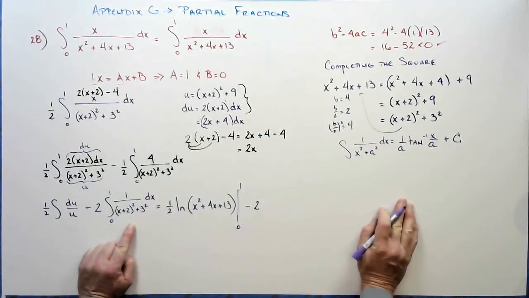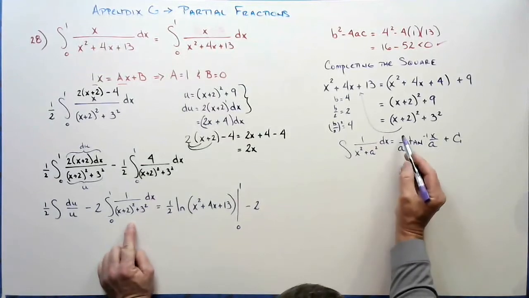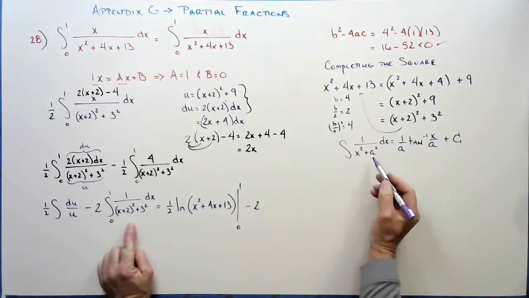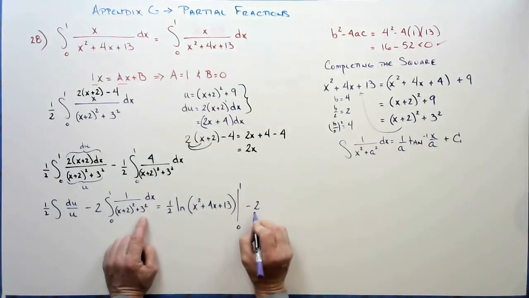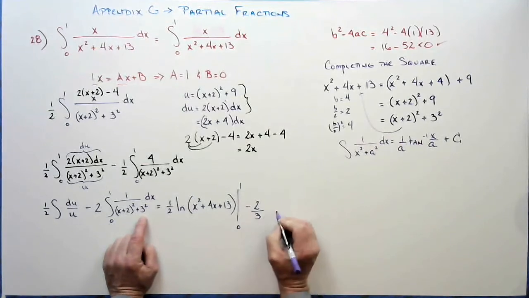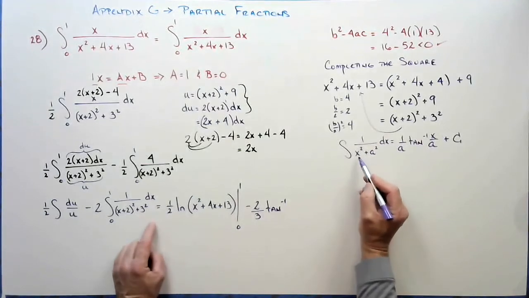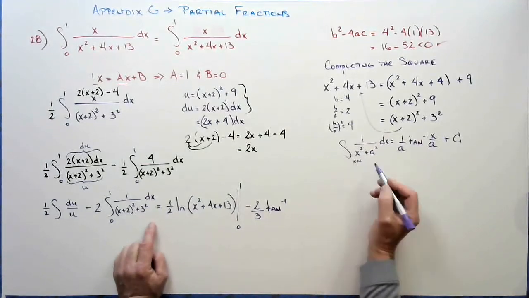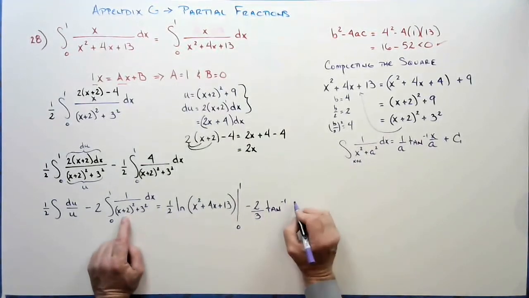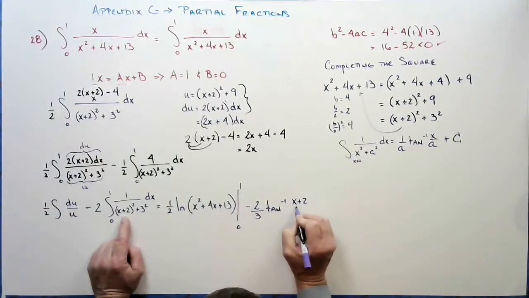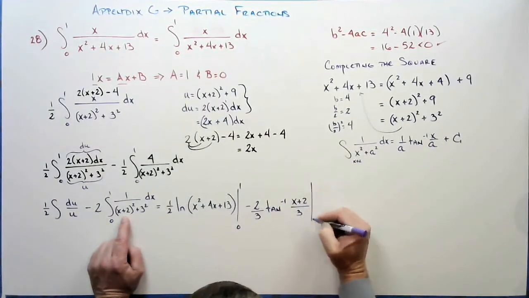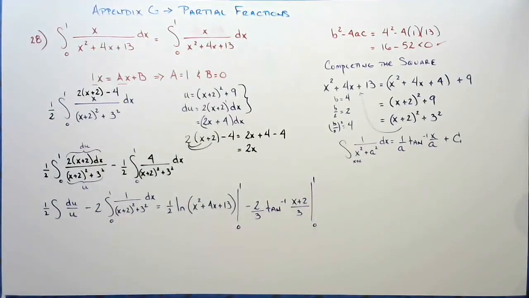Minus 2, and it turns out to be 1 over 3. Our a is 3, so 1 over 3 puts a 3 down there. Inverse tangent of our x. In our case, our x is x plus 2, that's what we have squared. So that's going to be x plus 2 divided by 3. And we're going to evaluate that between 0 and 1.